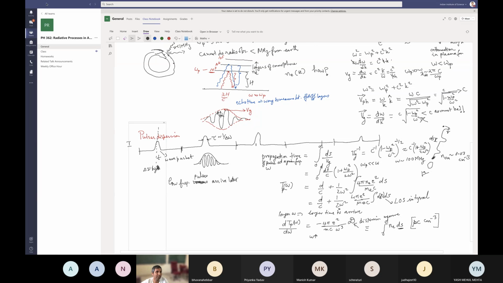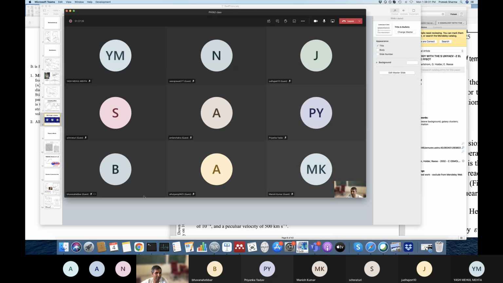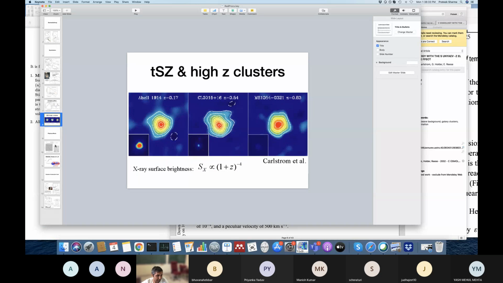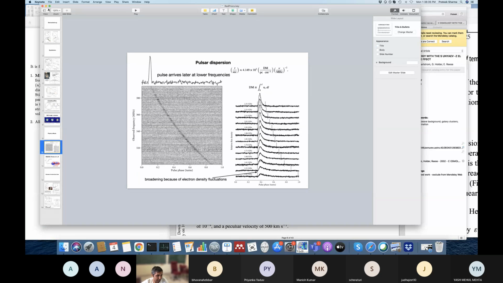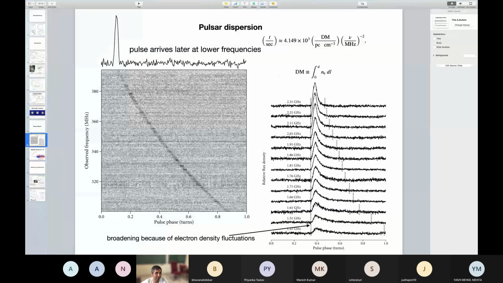So let me actually show you an example of this. This is a real effect, and you see it in pulsars. Here is an example of a pulse from a pulsar. You see high intensity for some time and then nothing. This is the observed frequency, and this is the phase. At high frequency it arrives early.